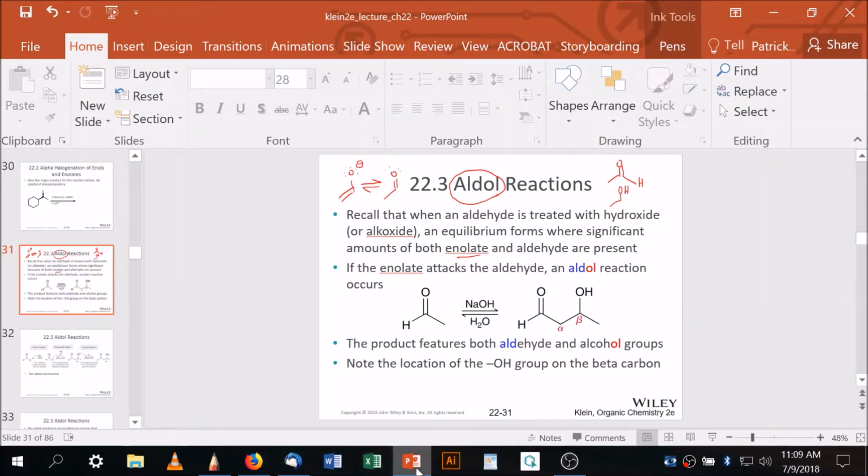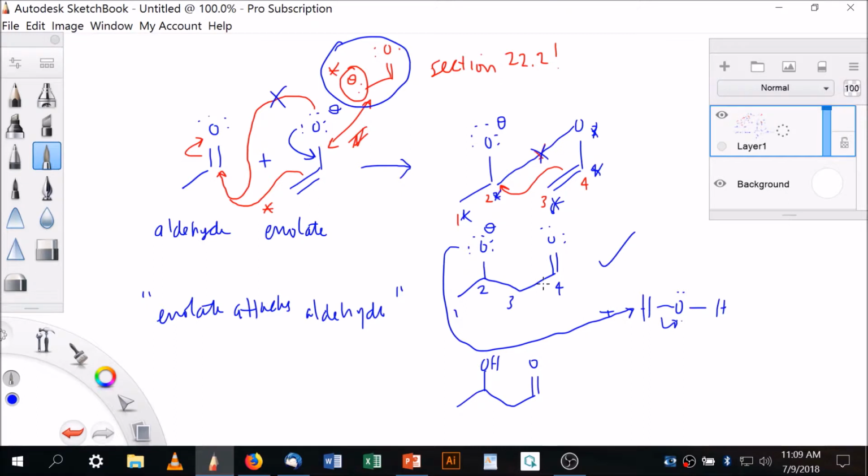Okay, so let's go back here. Let me change colors here. This is the carbonyl, right? So here's the alpha carbon, here's the beta carbon, here's the gamma carbon, right? Notice the location of the hydroxyl.